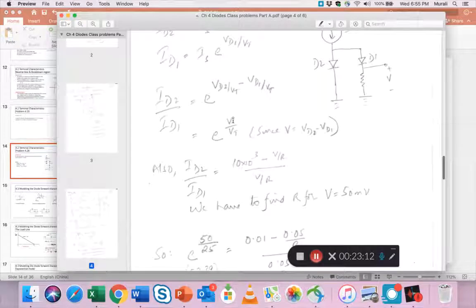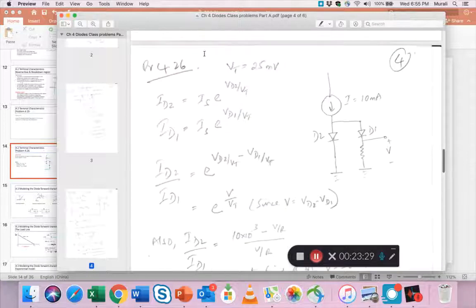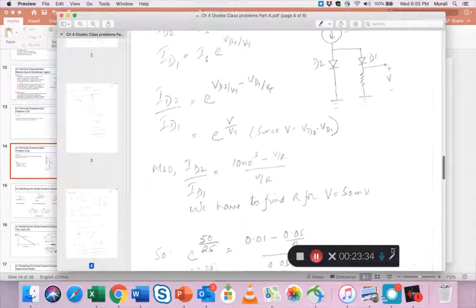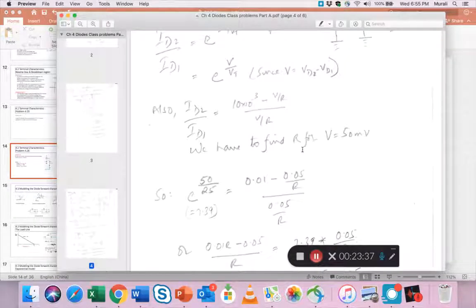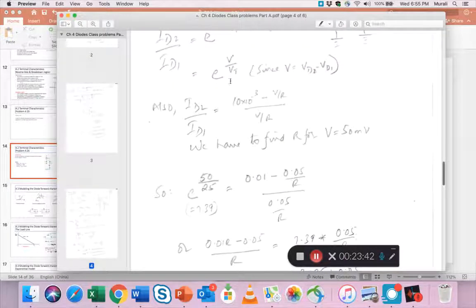Here V is VD2 minus VD1 because of the KVL. Also, the ratio of ID2 by ID1 is this, based on the previous rule that I showed you. And so we have to find R for V equals 50 millivolts. That's the goal. So in this ratio, if you substitute the known terms, we know V has been given and we know Vt.